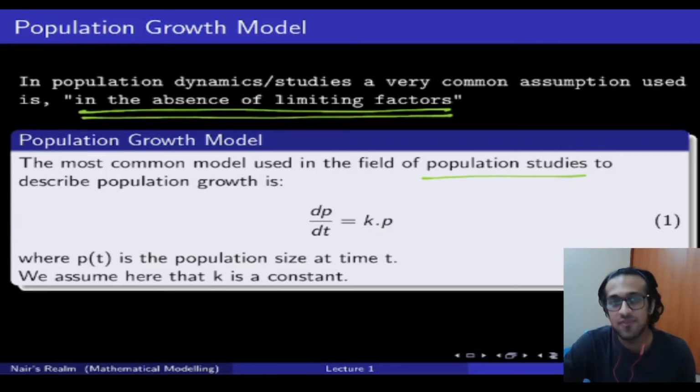By limiting factors here, I mean there is food for everyone, there are houses for everyone, and there is going to be no shortage of any resource that a human needs to live a comfortable life.